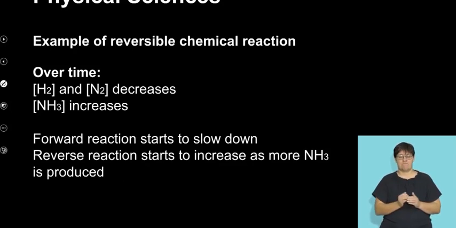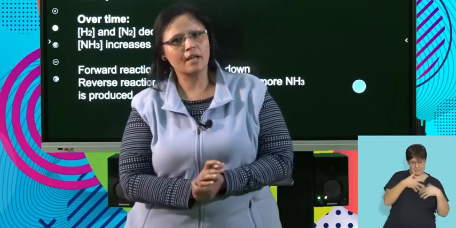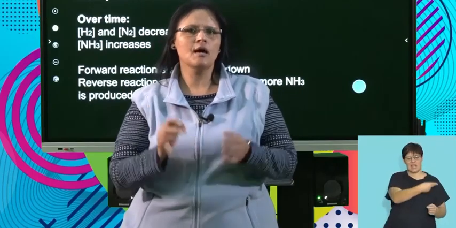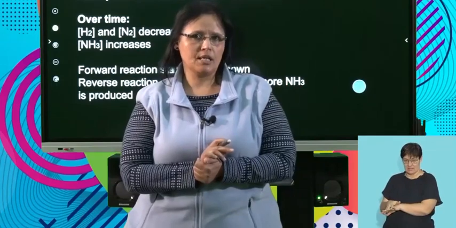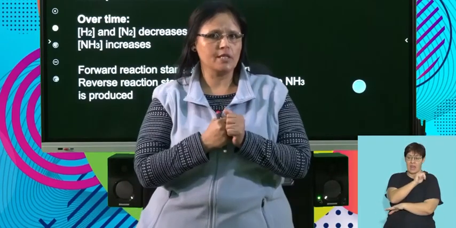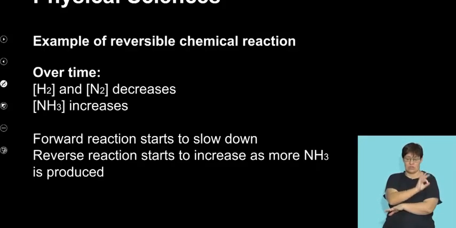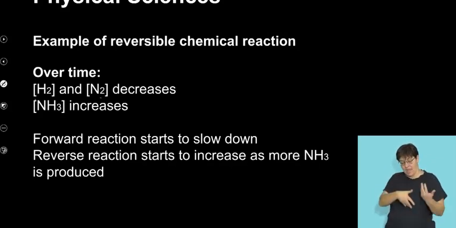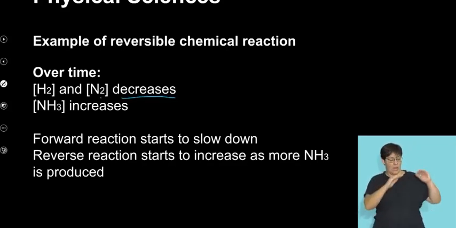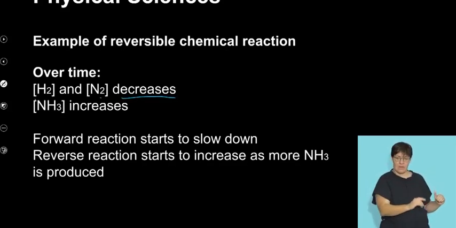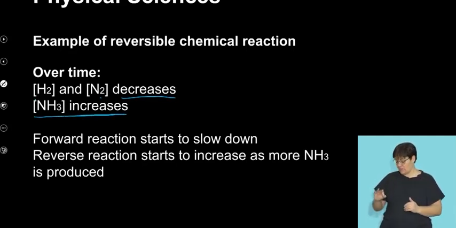After a while, now the reaction started. Remember, at first we had loads of nitrogen, loads of hydrogen, very fast reaction. There was no ammonia at the beginning, so we plotted the 2 points. Now, after a while, we will see that the hydrogen and the nitrogen concentration start to slightly decrease. And that happens because now the ammonia started to slightly increase.